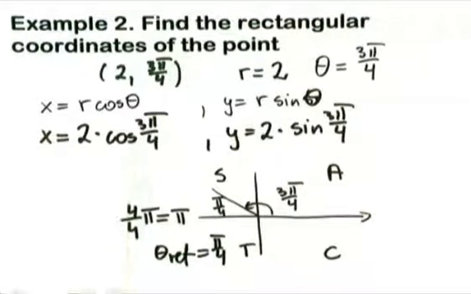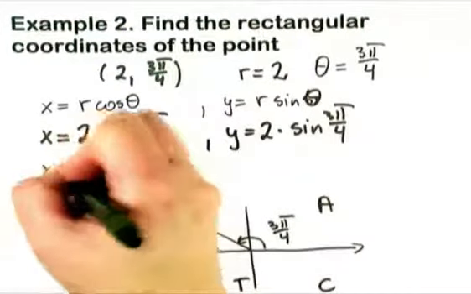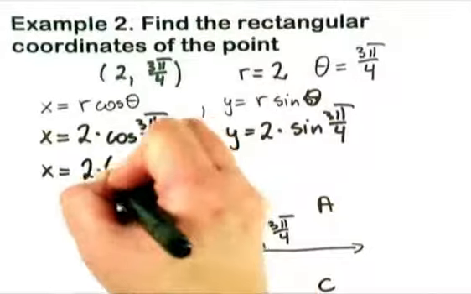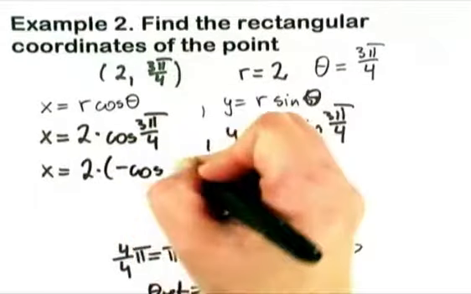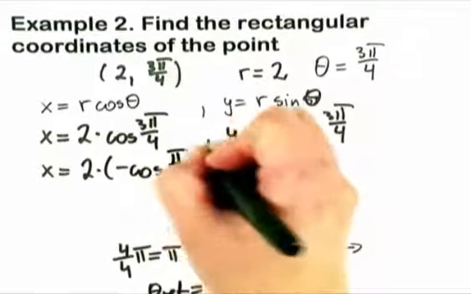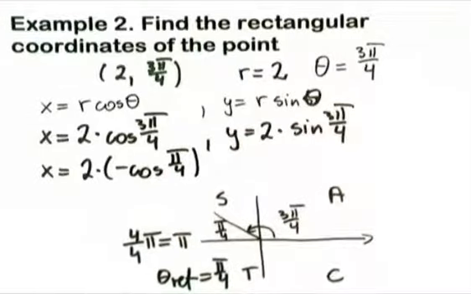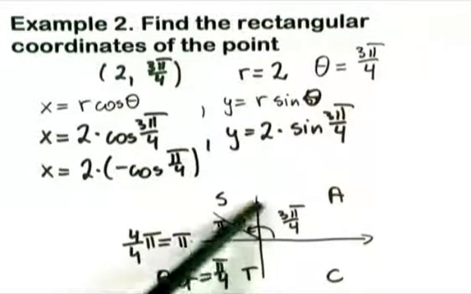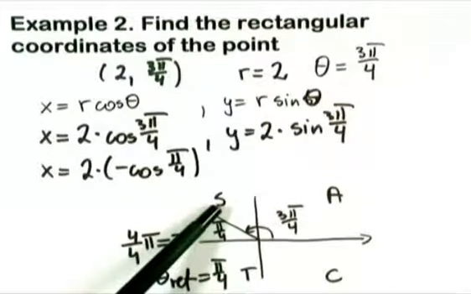So this one is equal to negative cos of the reference angle. So x is equal to 2 times minus cos of pi over 4. We get that minus because cos in this quadrant is negative, because only sine is positive.